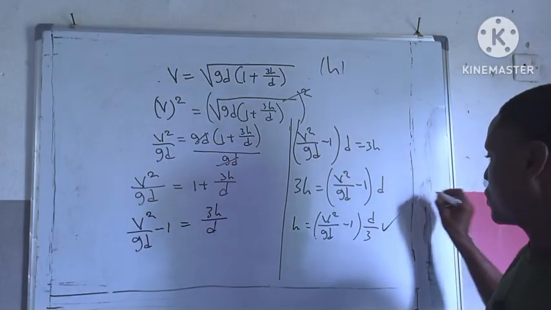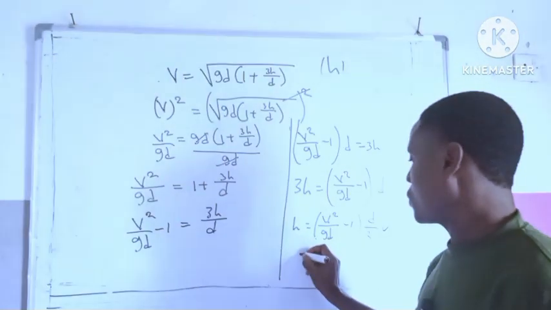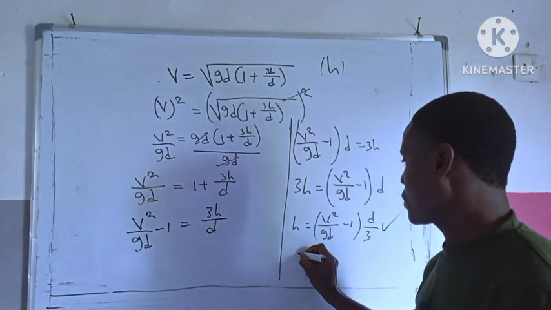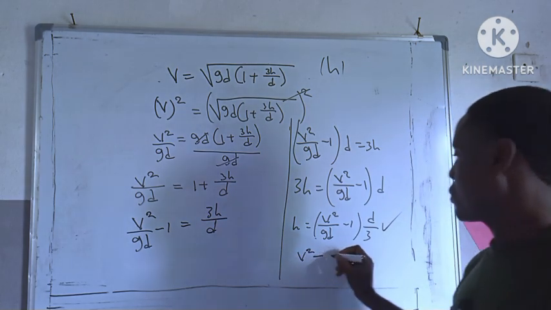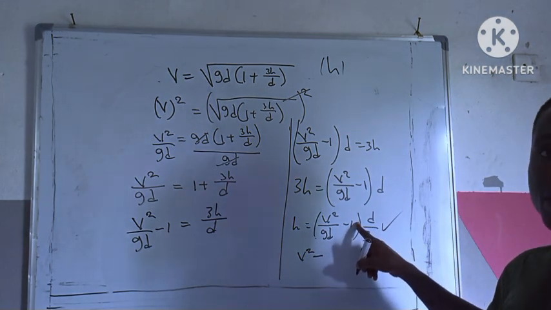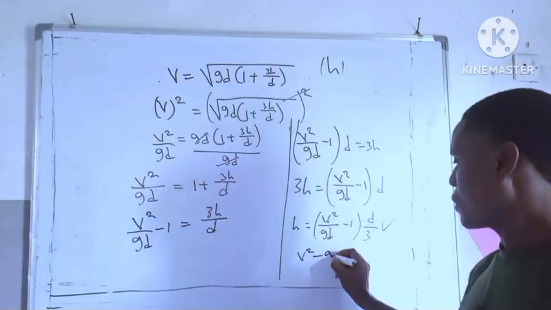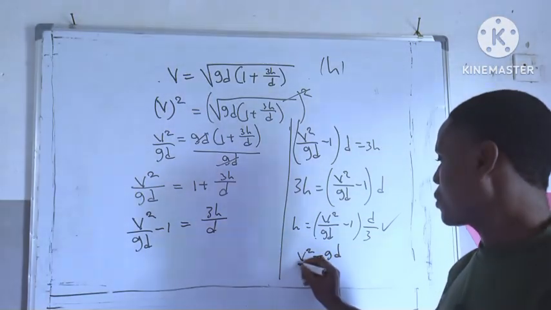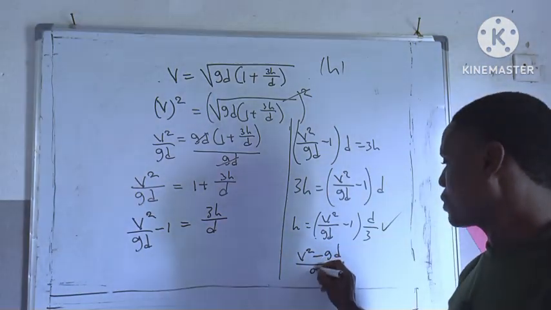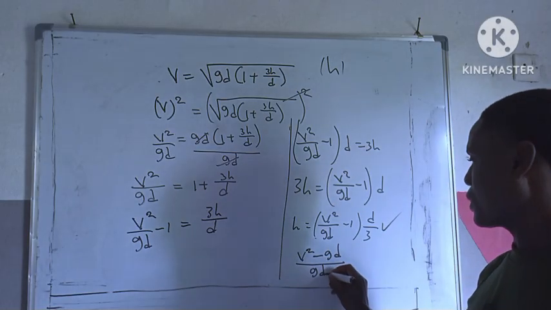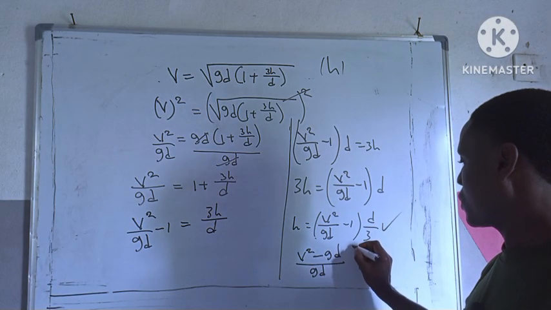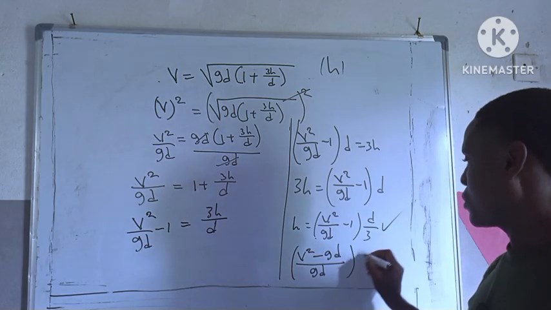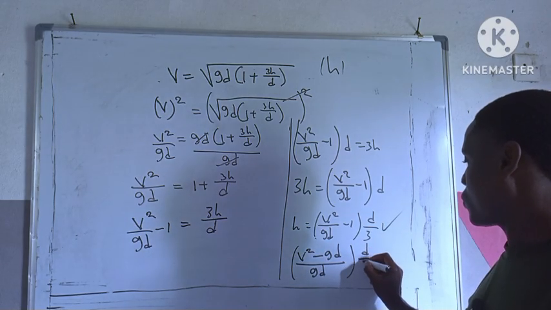The first answer is correct, or you can write it in this format: v squared minus gd, since gd times minus 1 gives minus gd, all over the denominator gd, multiplying d all over 3.